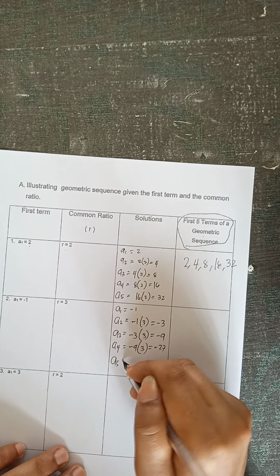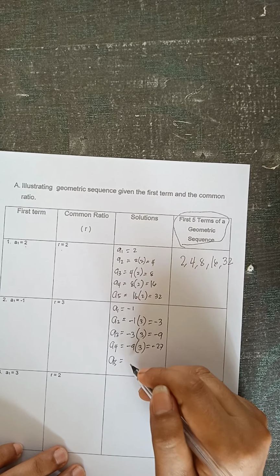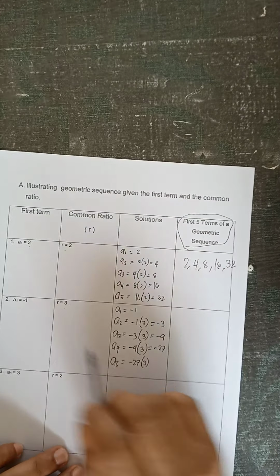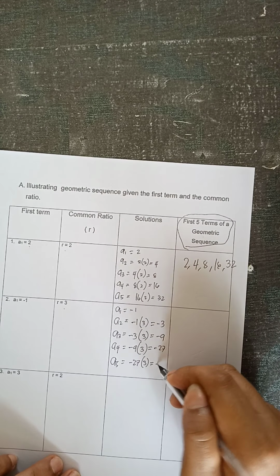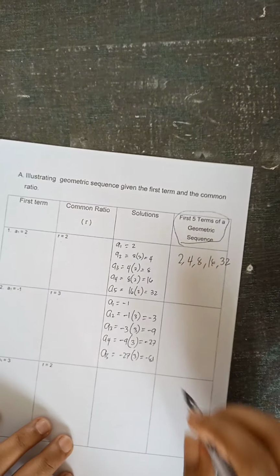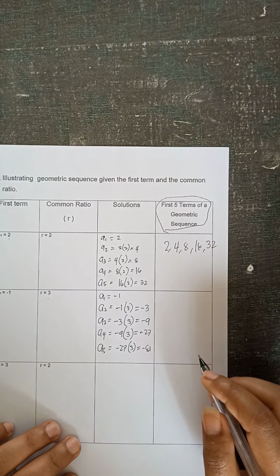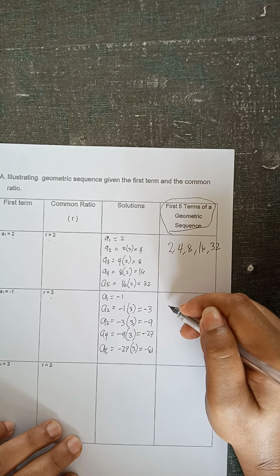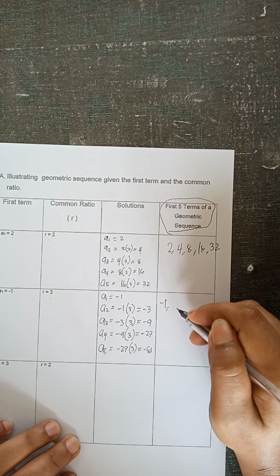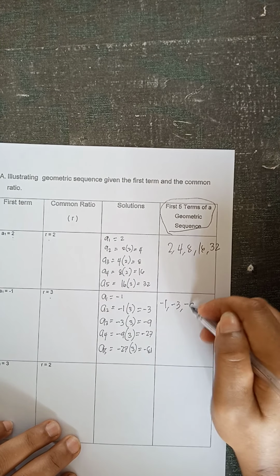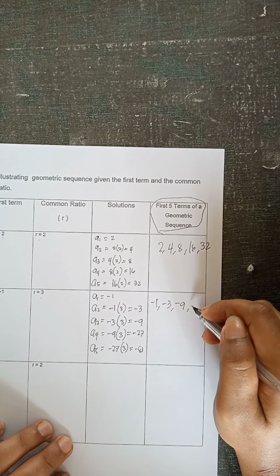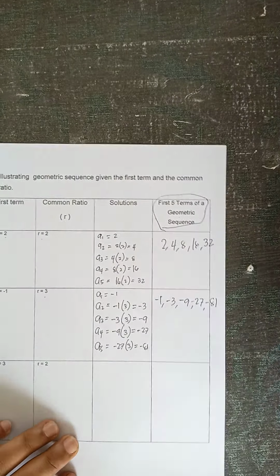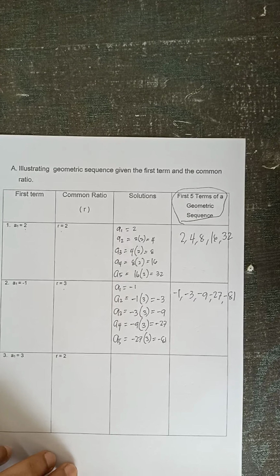And lastly, the fifth term, that is equal to the preceding term, which is negative 27, multiplied by the common ratio, which is 3, that is equal to negative 81. So therefore, the first 5 terms of the geometric sequence are equal to negative 1, negative 3, negative 9, negative 27, and negative 81.